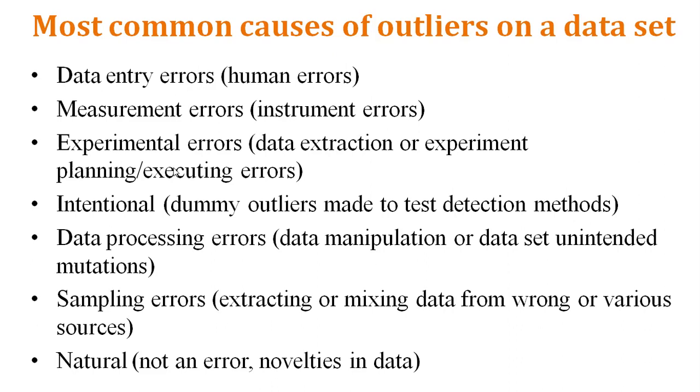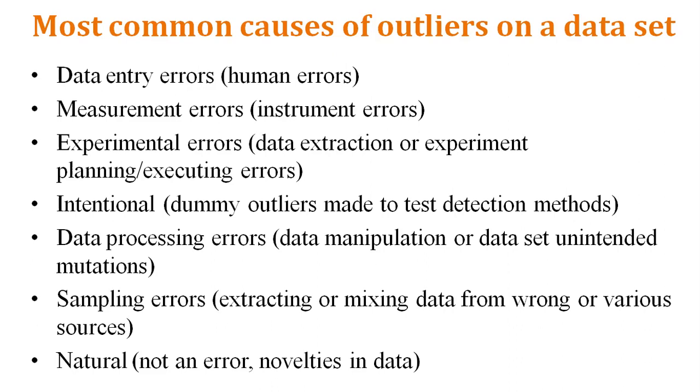The first main reason for which we are getting outliers is human errors, that is, data entry errors. At the lower level, where system operators are working with data designing or data gathering, there may be some errors that need to be understood.